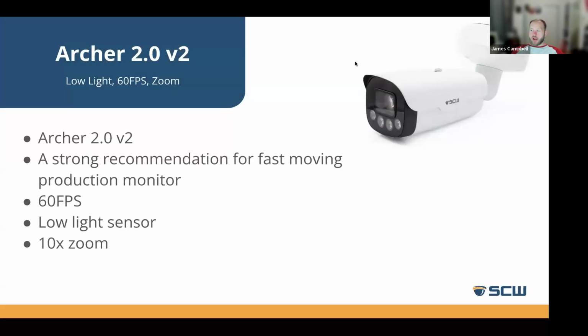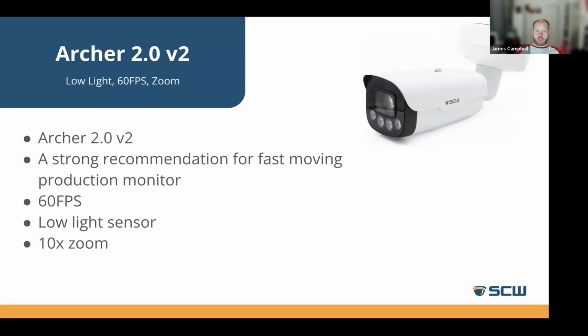So just a quick product recommendation for highlight, I should say. One of our cameras is called the Archer 2.0 V2. This is a low light camera. It's typically used for 2 scenarios, either long range because it's got a very big 10x zoom lens, or for production monitoring. Because it has that low light sensor, we can push the shutter speed a little bit faster. It's got 60 frames per second, which is going to make that video very smooth and actionable to the live operator.